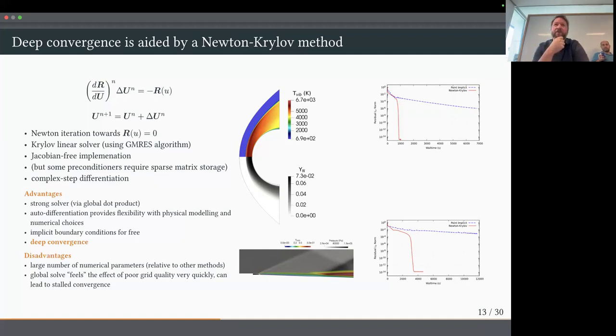And what we wanted was essentially a way to automatically differentiate. So we use complex step differentiation. If you use the GMRES algorithm, you never actually have to form the Jacobian in isolation. That's the Jacobian free part. The GMRES algorithm only ever requires Jacobian multiplied by the Krylov vector of interest.